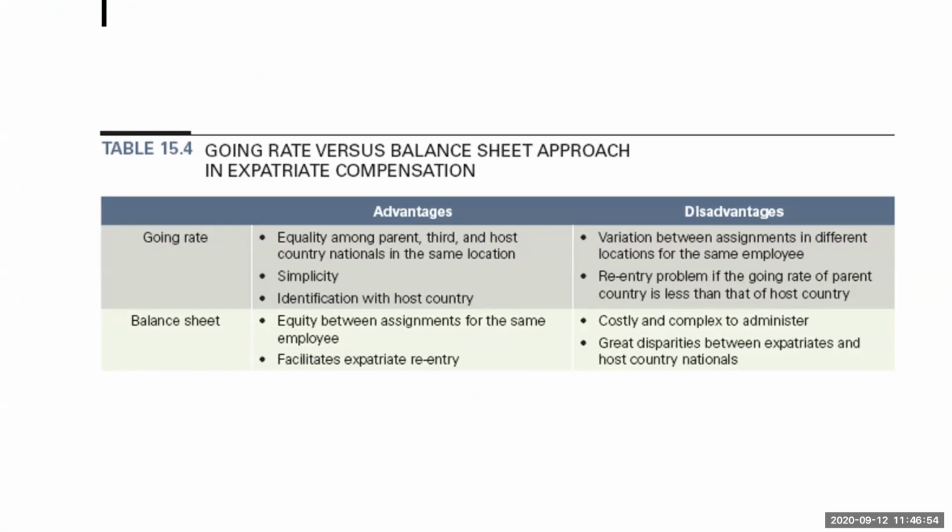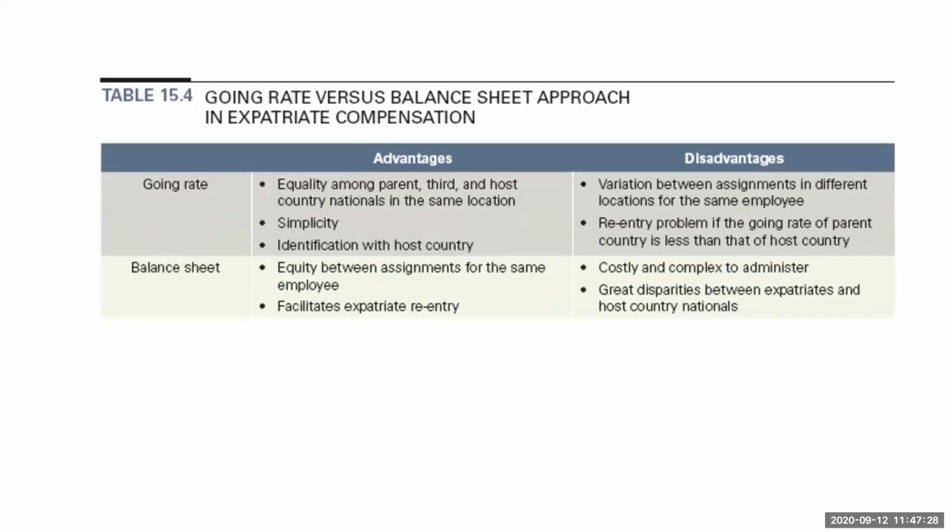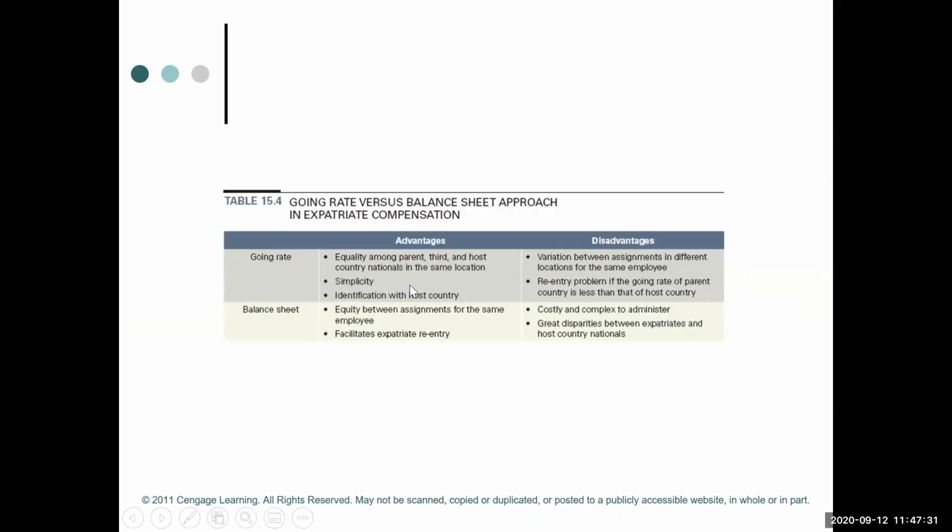The other way is also there, where on the going rate you actually get a good compensation for a higher value currency. But when you come back from the assignment, the entire payroll changes, the entire compensation changes. You are remapped to your compensation structure, and that kind of creates a lot of dissonance. Right? So both have advantages and disadvantages. Good question for an exam, so please take note of this.